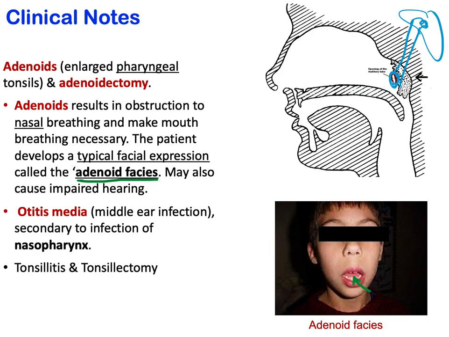Because of this tube opening in the nasopharynx, infection can spread from the pharynx to the middle ear through the eustachian tube, leading to inflammation of the middle ear. We call it otitis media, or middle ear infection.